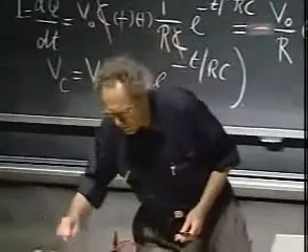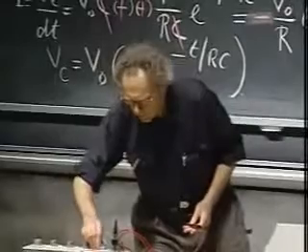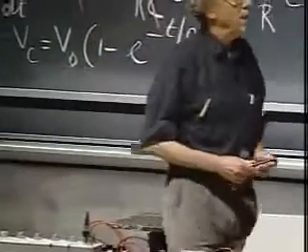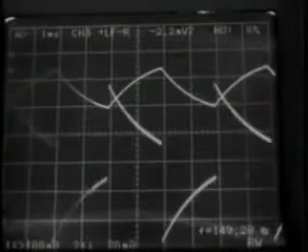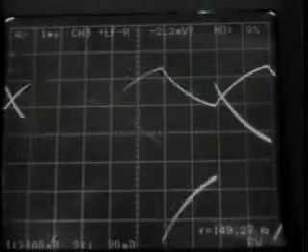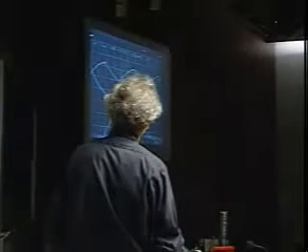And you will see that indeed if I make this 0.5 microfarad, then you see that the capacitor has not enough time to get fully charged. And so here you begin to discharge.